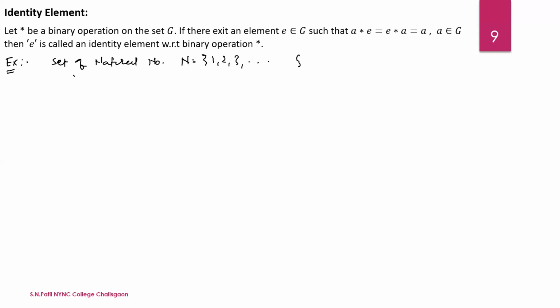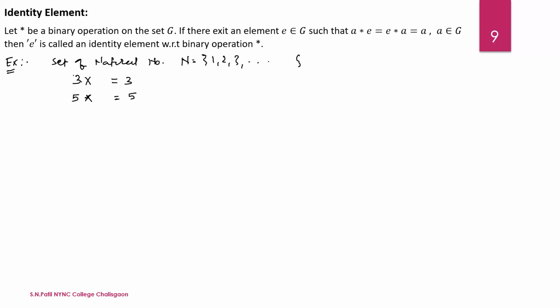Suppose here we take 3 and the star operation is multiplication. We find the element such that 3 into the element is equal to 3. If we take 5, 5 into the identity element should give 5.